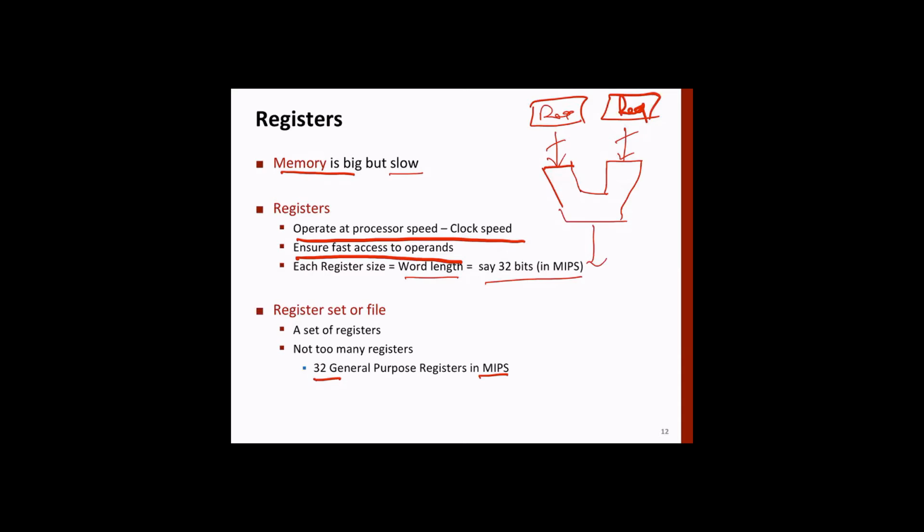Now the question I'm asking is, why can't we have too many registers? Because we could bring a number of data values from memory and keep them there for a longer period of time. So it will help us, right? Any answer for that? There is always a limit on the number of registers we can have.